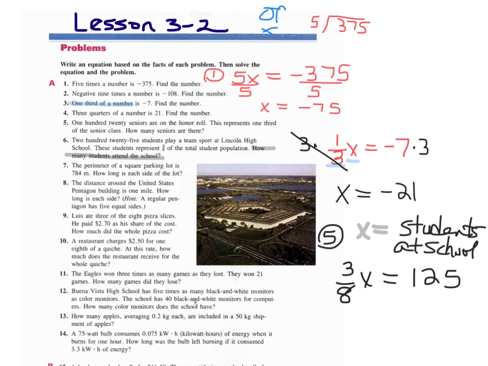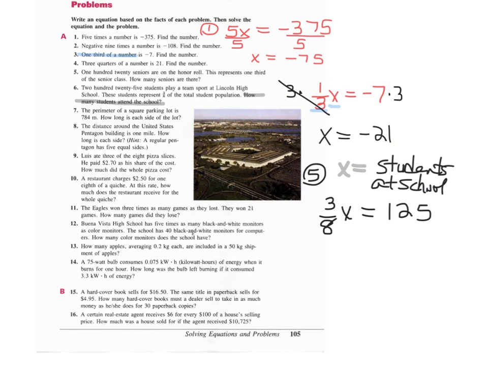So again, I am going to clear my fraction. So I'm going to multiply both sides by 8. I get 3x equals 125 times 8. How much? Oh, thank you. 225, thank you. Okay, 225, let me change this to a 2.